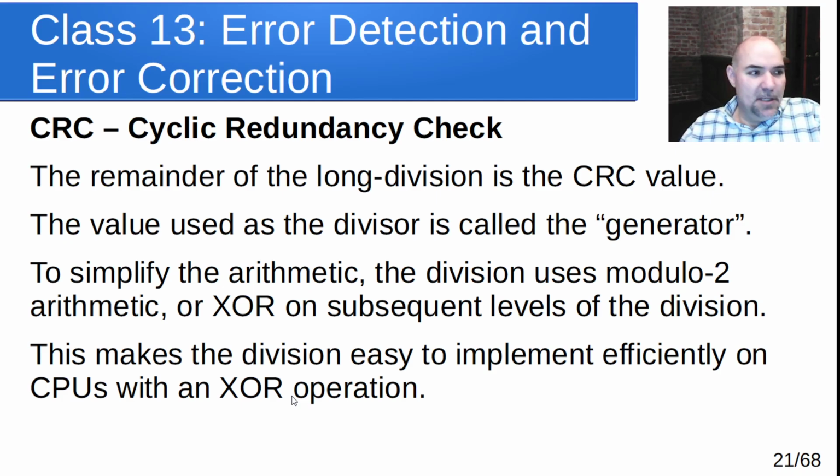XOR is a really cool process to use, because XOR has an instruction in almost every CPU that has ever been created, all the way since the beginning of microprocessors and computer systems. So XOR is a logic operation that's incredibly fast. We don't have to worry about carries and borrows. It's going to be fast even on simple microprocessors and microcontrollers.